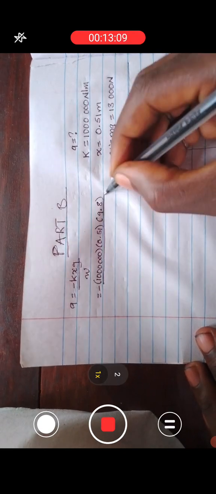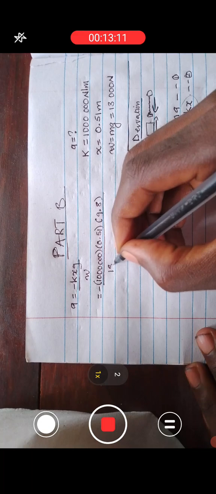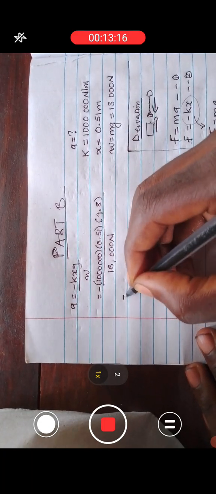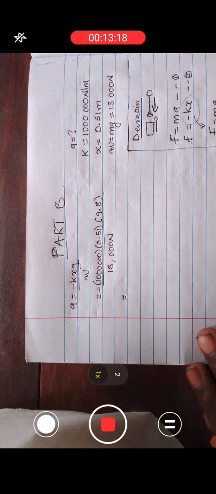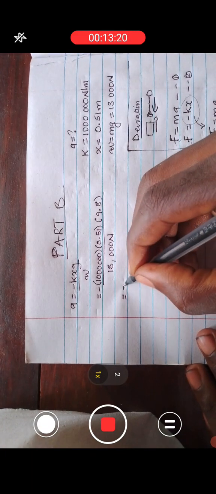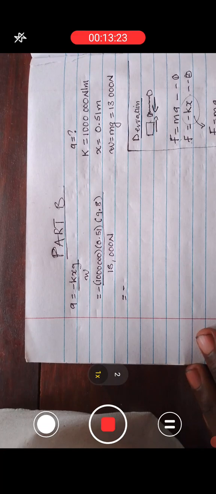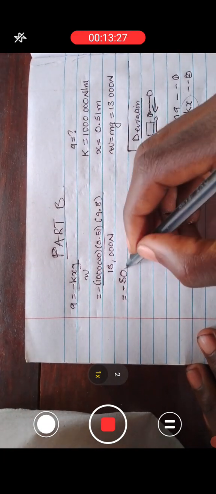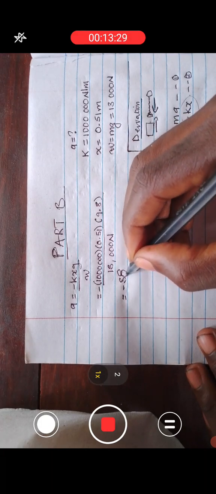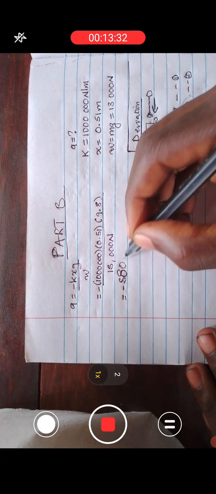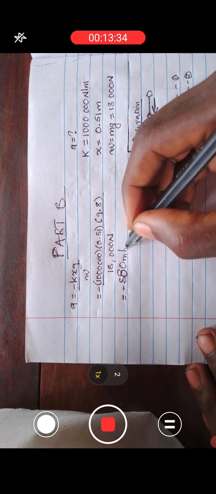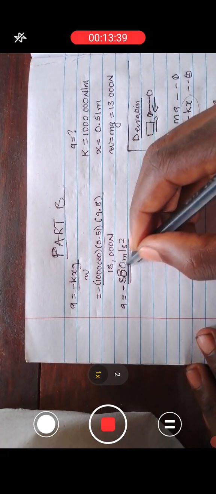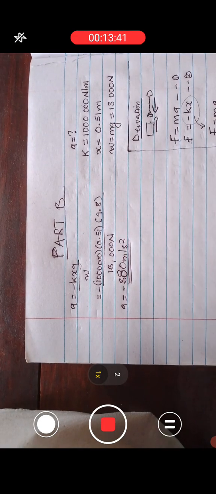Then you divide by the weight, which is 13,000 newtons. If you punch it on the calculator, you should get negative 380 meters per second squared, to 3 significant figures.